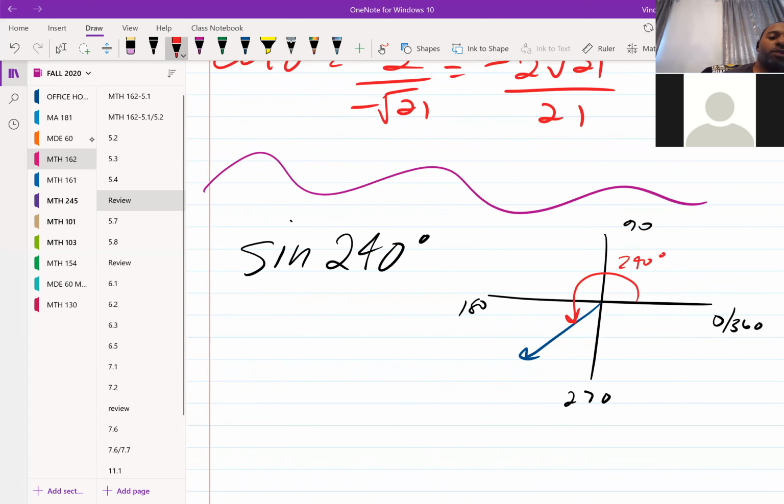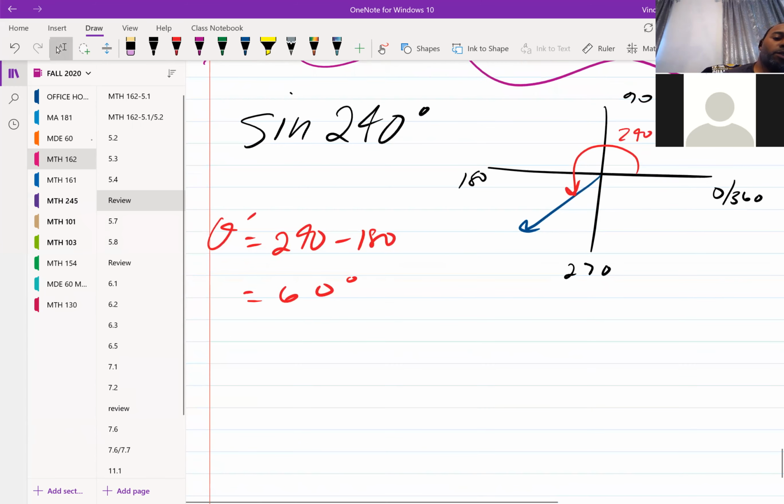So the reference angle, theta prime, is going to be 240 minus 180, which is 60 degrees. So basically you're looking at sine of 60 degrees.